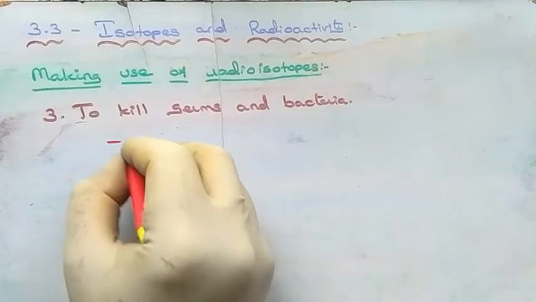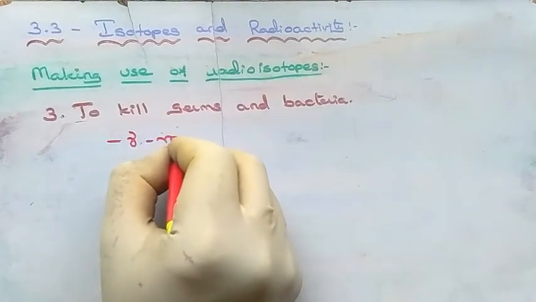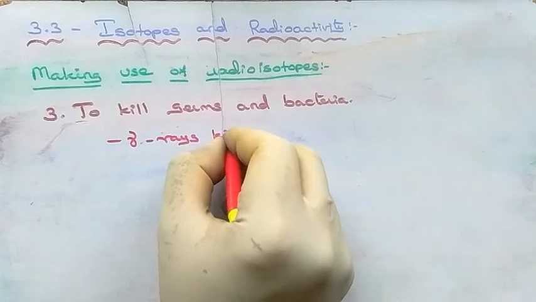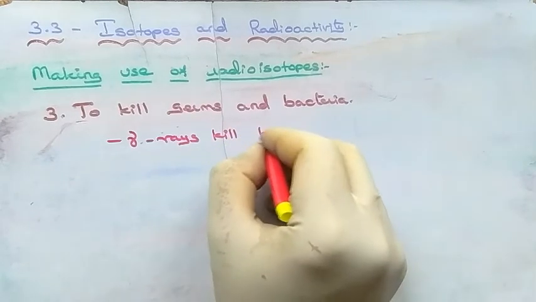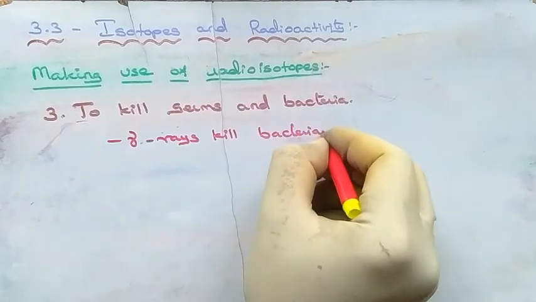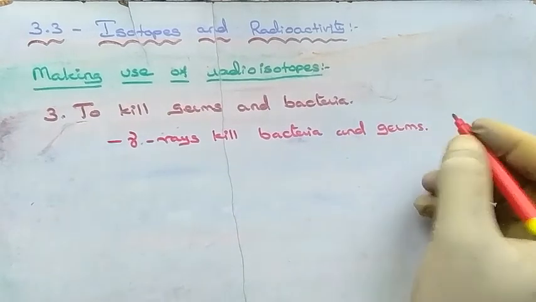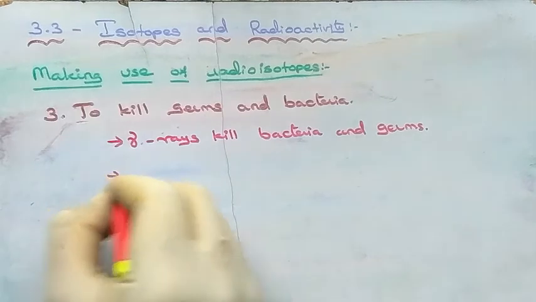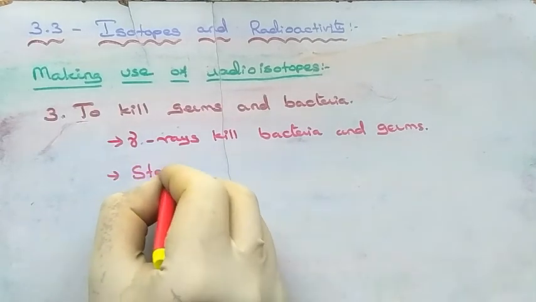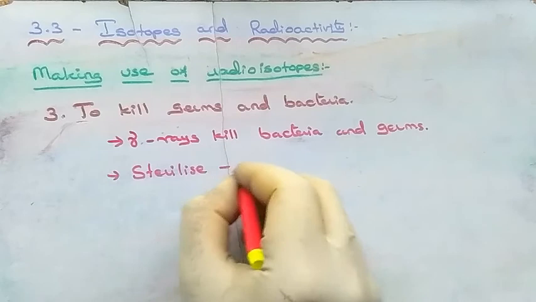Next use that we are going to see is to kill germs and bacteria. Here also we are using gamma rays, which means the high energy rays, to kill bacteria and germs. Usually we are using these gamma rays to sterilize syringes.